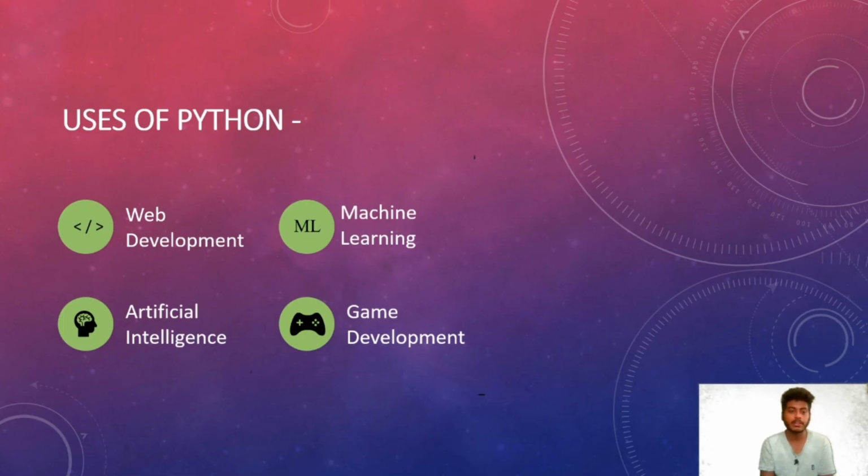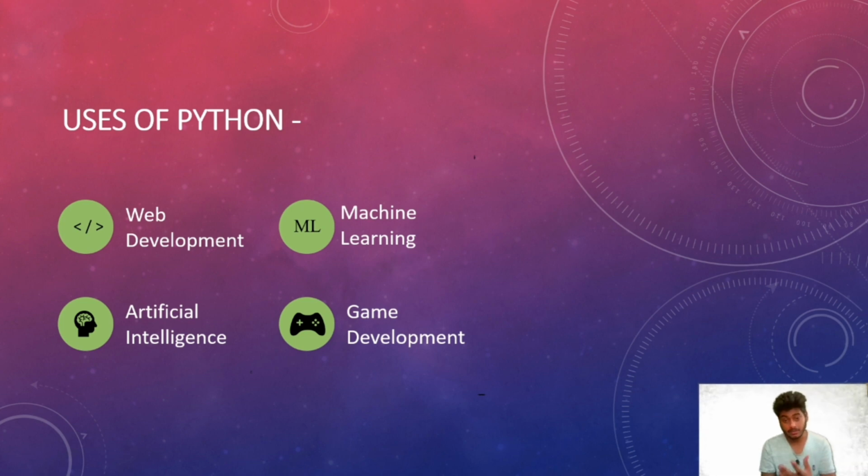What are the uses of Python? This is the part of the introduction, the uses of Python. As you can see here, it can be used in web development, and it also can be used in machine learning, and everyone knows the future of artificial intelligence and machine learning. The Python programming language can be used in artificial intelligence, so it will be playing a major role in the future.